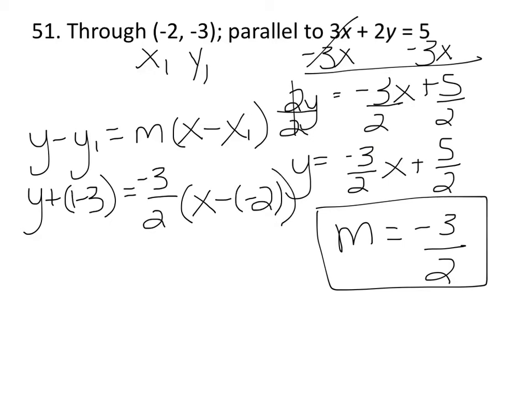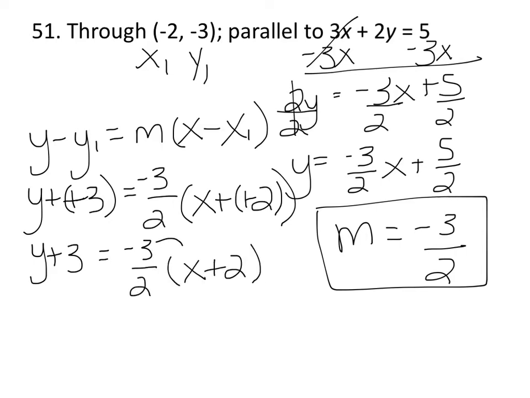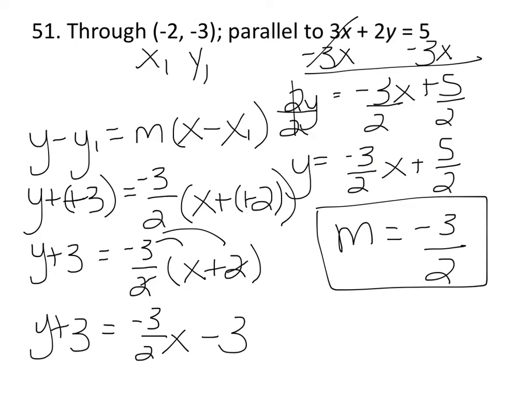Add a line, change the sign. Add a line, change the sign. Y plus 3 is equal to -3/2 x plus 2. Go ahead and distribute the -3/2. So we get y plus 3 is equal to -3/2 x minus 3, because your 2's cancel.